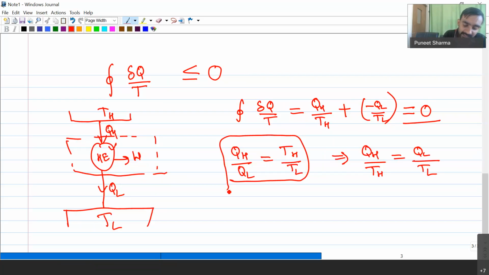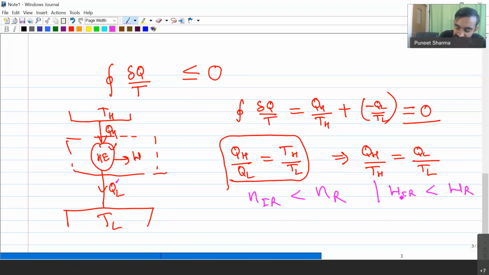Now if our cycle is irreversible, then let me consider that instead of QL, I am rejecting Q dash L amount of heat. Obviously, I cannot have the same heat interactions, because an irreversible cycle has less efficiency than the reversible cycle. So an irreversible cycle will produce less work than the reversible cycle.